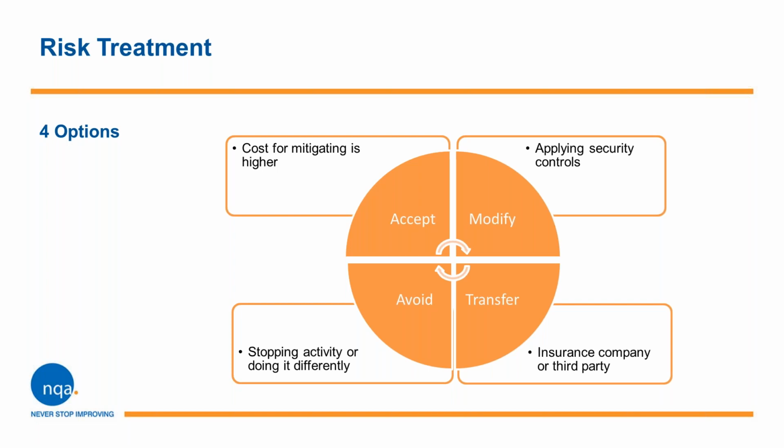And finally, we can accept the risk. For instance, the cost of mitigating the risk would be higher than the damage caused itself. Yeah, if you've got a risk and it's going to cost us too much to change, or the risk of changing it might be too high. For example, something I've come across is in server rooms when we've got a network cabling issue.